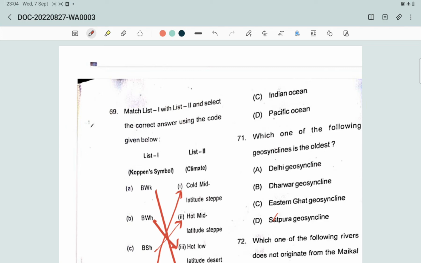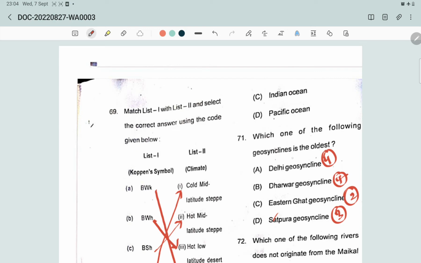There are 5 areas of geosyncline folding that constitute the platform basement of India, and from oldest to youngest they are: first the Dharwar geosyncline, then the geosyncline of the Aravalli Range, and then the Eastern Ghat geosyncline, second, and then the Satpura geosyncline is third, and the youngest one is the Delhi geosyncline.